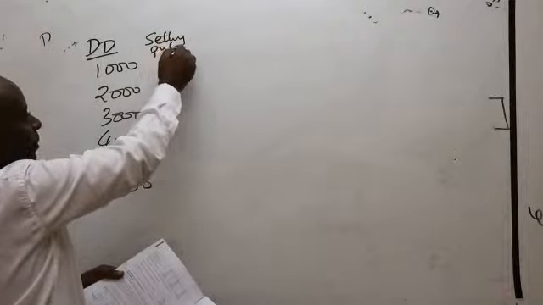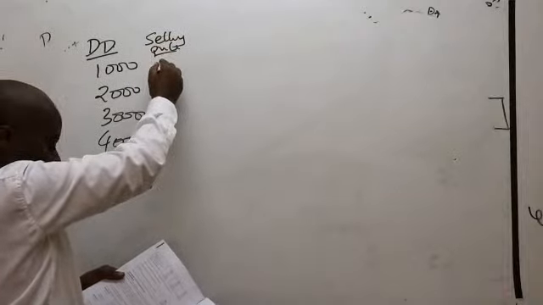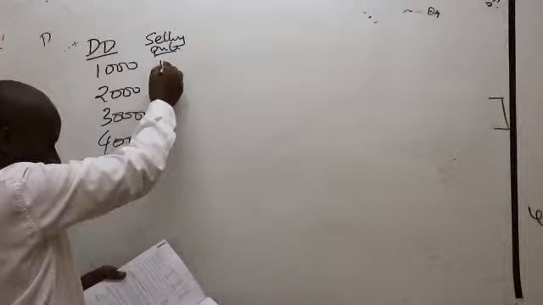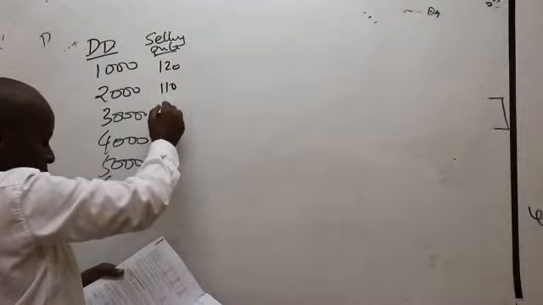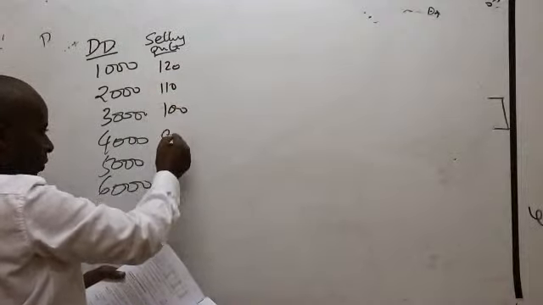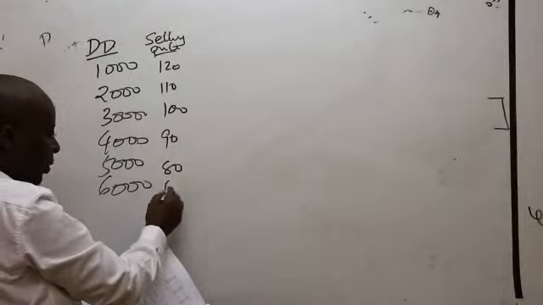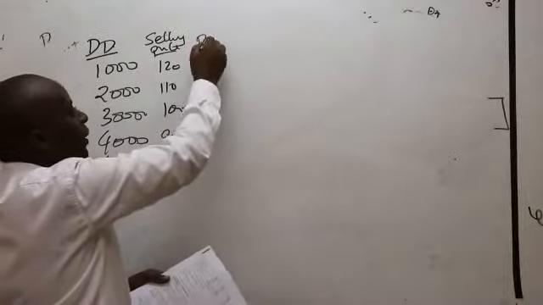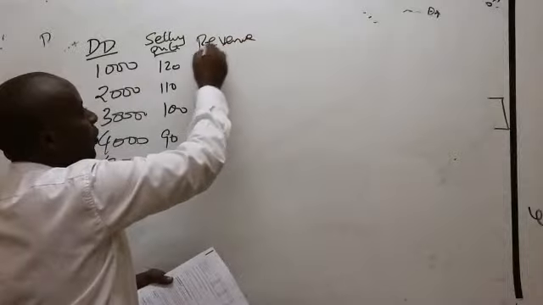The selling price remains the same: 120, 110, 100, 90, 80, 70. So the revenues will be the same.